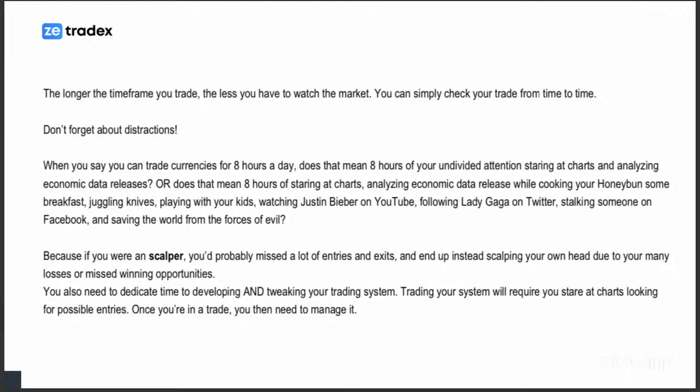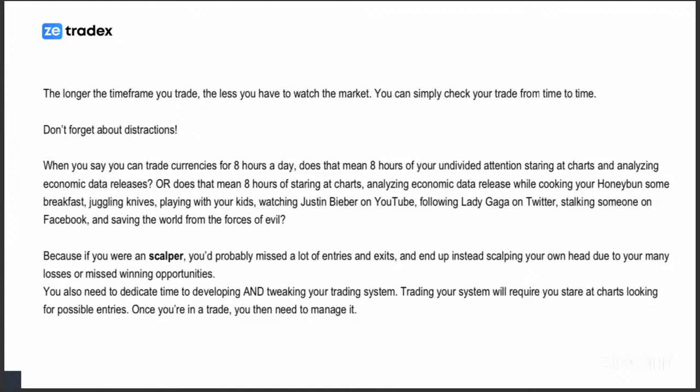Now, the longer the time frame you trade, the less you have to watch the market. You can simply check your trade from time to time. Don't forget about distractions. When you say you can trade currencies for 8 hours a day, does that mean 8 hours of your own undivided attention staring at charts and analyzing the economic data releases?